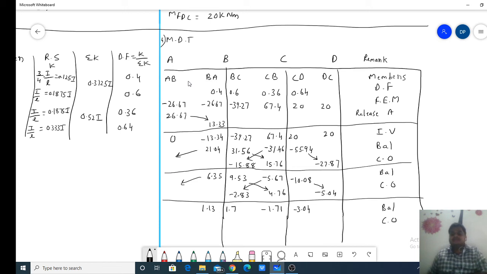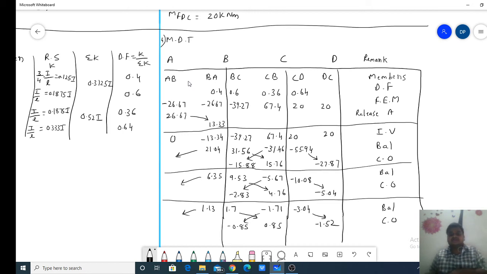Then after this, once again carry over, no carry over here. 1.7 means this comes out to be 0.85, and 1.71, so this also I can write minus 0.85, and then 3.04 means this comes out to be minus 1.52, right.